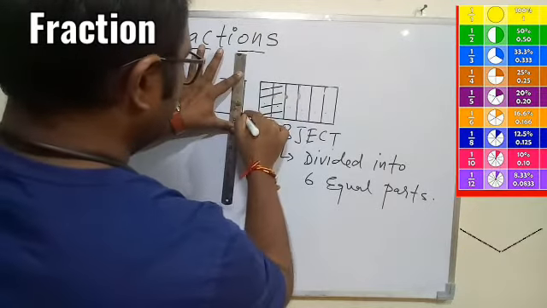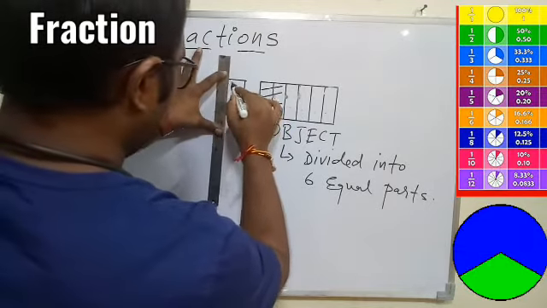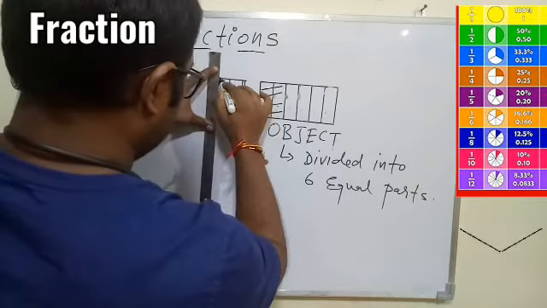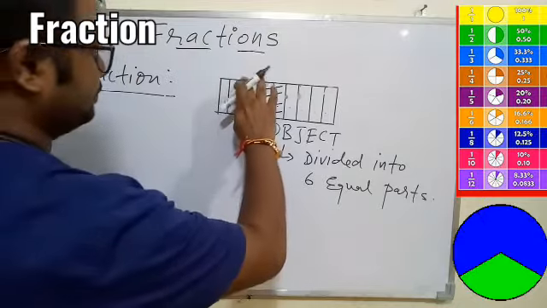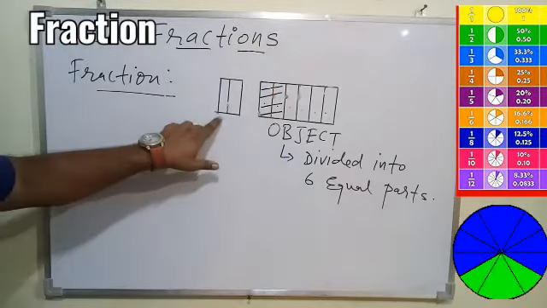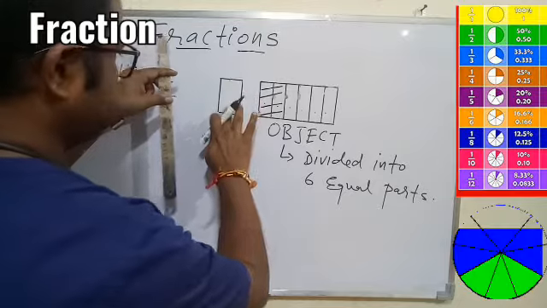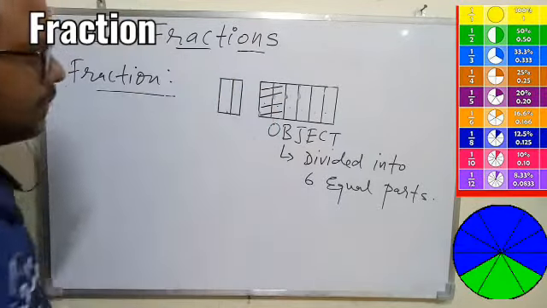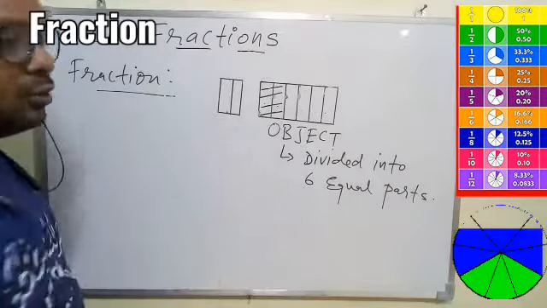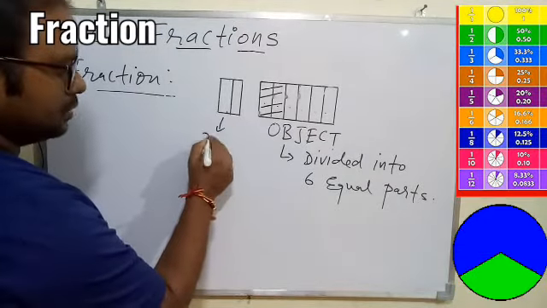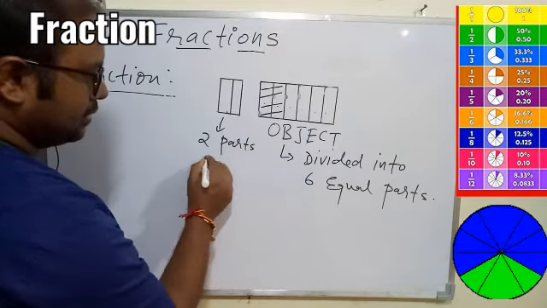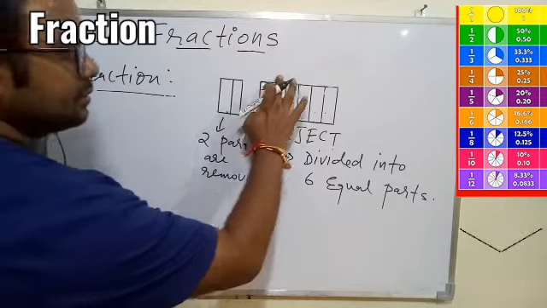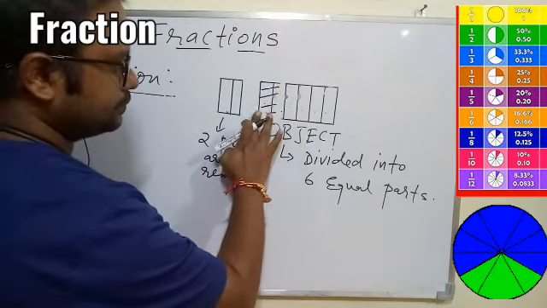So out of 6 parts, we have taken out 2 equal parts now. So 2 parts are removed. It is understood, once it is removed, it will not be there. Simple.